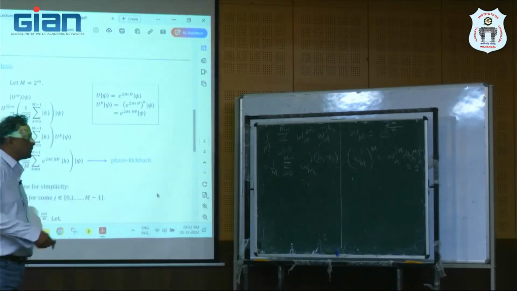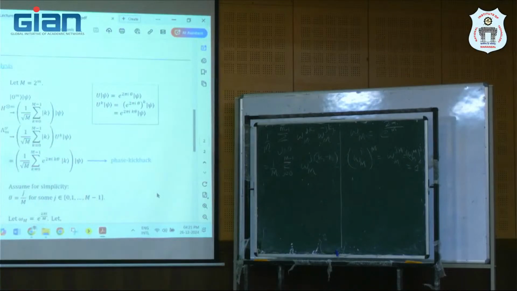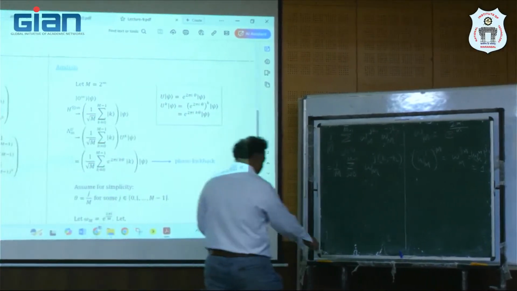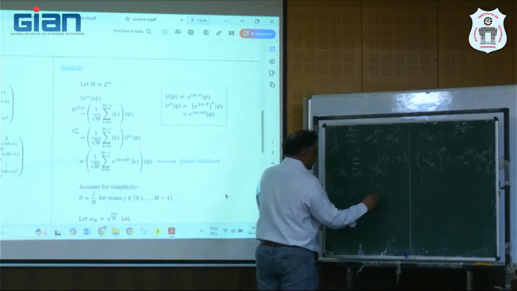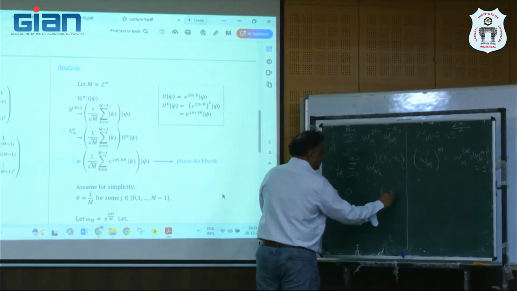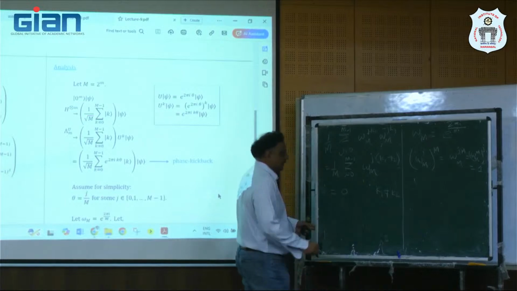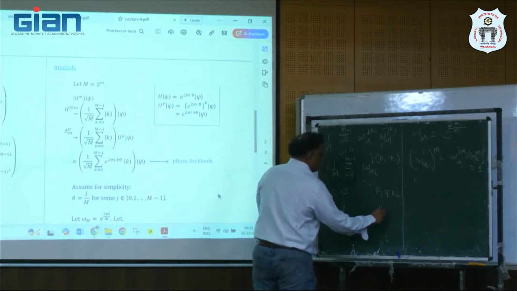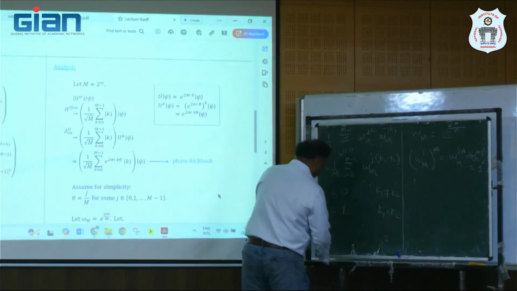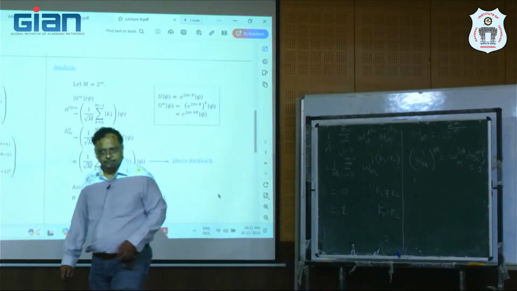But when you do k minus k1, if k1 and k2 are distinct, this goes to 0. It is equal to 0 for k1 different from k2, and equal to 1 for k1 equal to k2, correct? Yes?